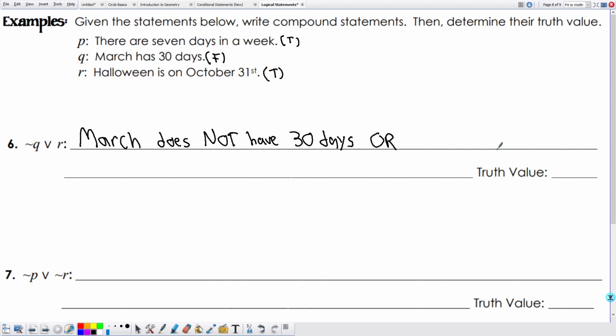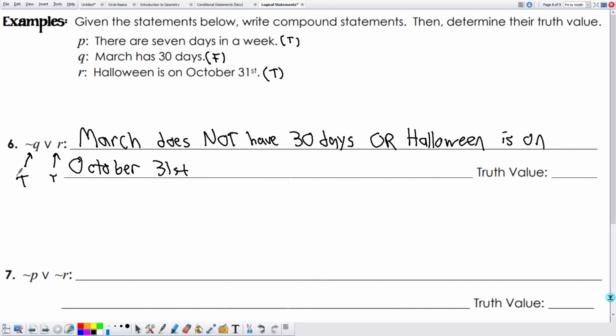And then statement R, Halloween is on October 31st. So we know R is true. Not Q. Well, look at the statement Q. We know that's false. So since the negation is the opposite meaning, then not Q must be true.